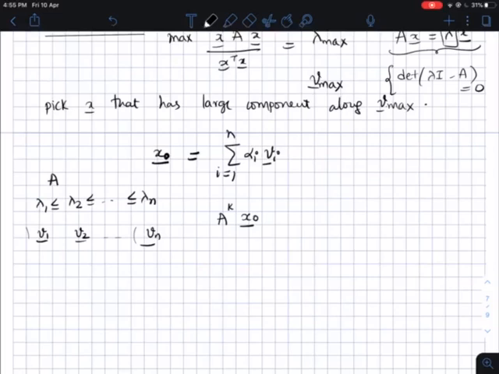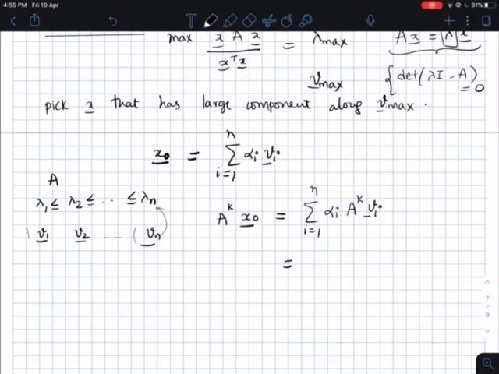So vn gets amplified the most. When you apply A many times, vn gets amplified so much that it almost completely dominates the other eigenvectors. That's the main trick behind the power method. So A to the k of x naught, if we just compute it, is the summation of alpha i A to the k vi, i equal to 1 to n.